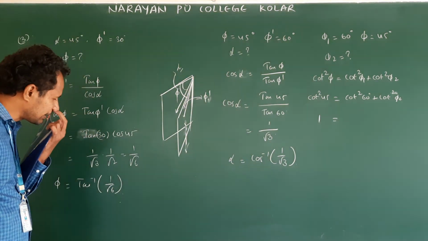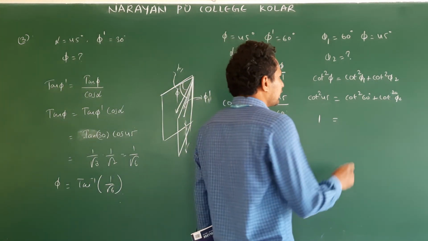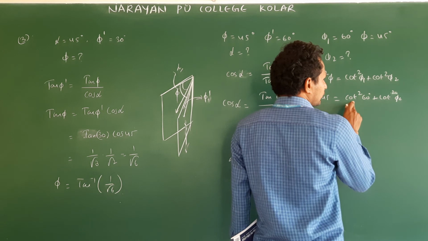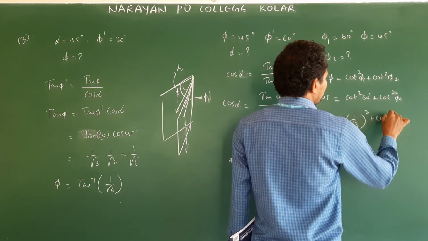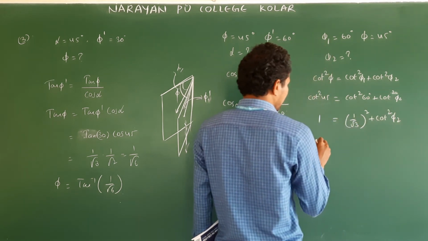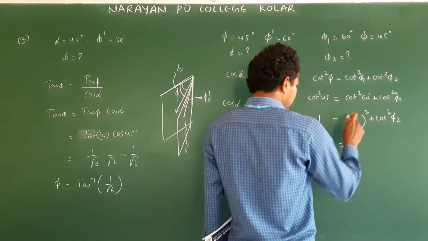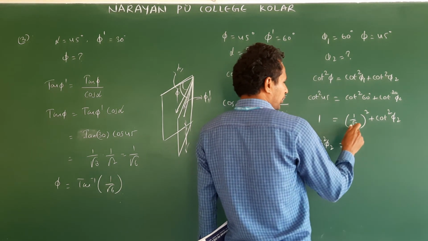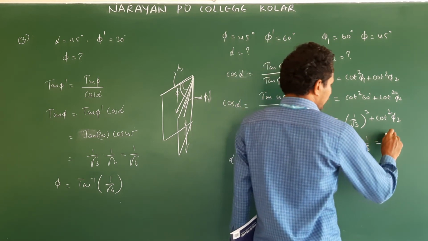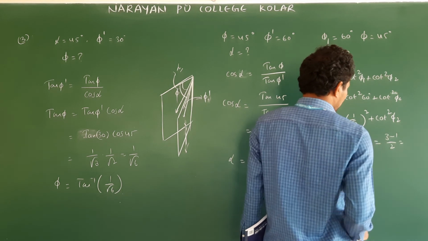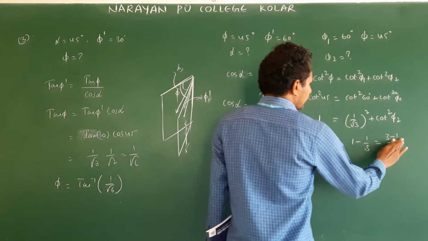Cot square 60 means cos 60 by sin 60. Cos 60 is 1 by 2, sin 60 is root 3 by 2. So this is 1 by root 3 whole square plus cot square phi 2. Make it cot square phi 2 because they are asking phi 2. So 1 by root 3 whole square, 1 by 3, comes to this side. So this is 1 minus 1 by 3, so this is 2 by 3.